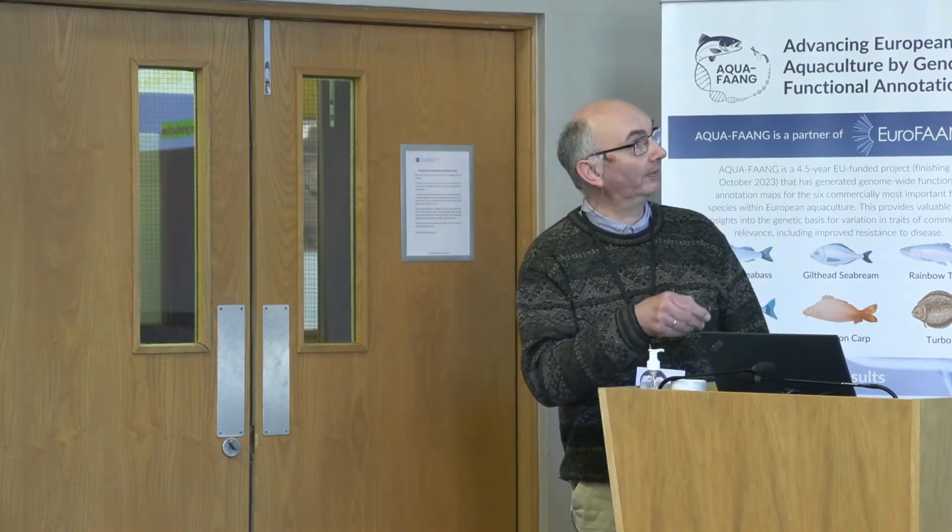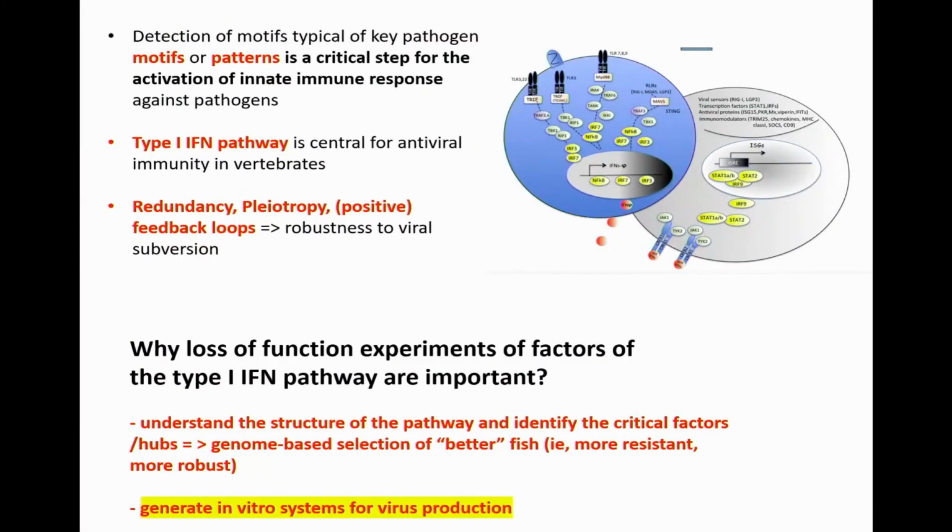So the structure of this pathway is rather complex. And it's important to remember that it's very redundant, which is nothing surprising because it has to be very robust in front of viruses that have many subversion strategies.